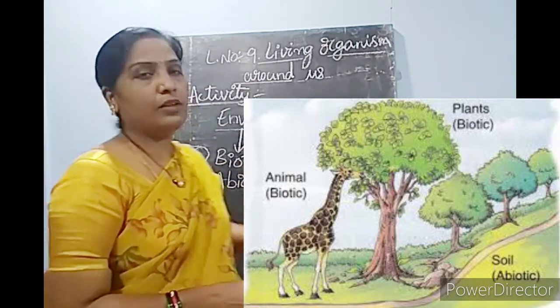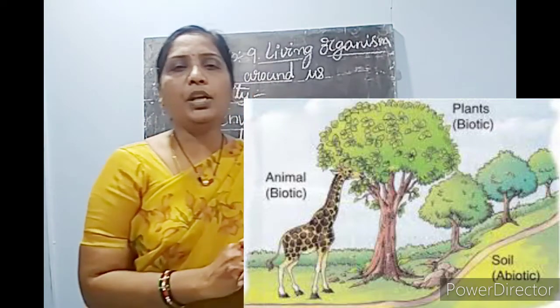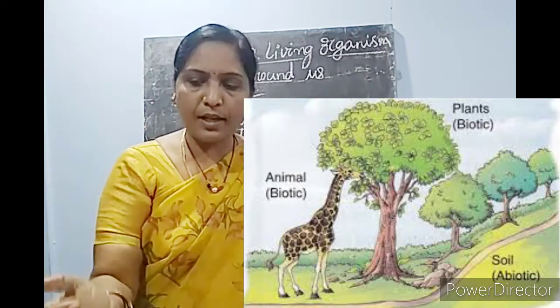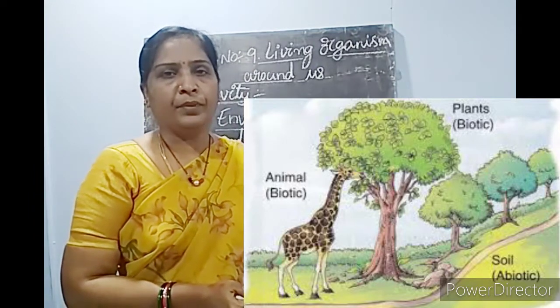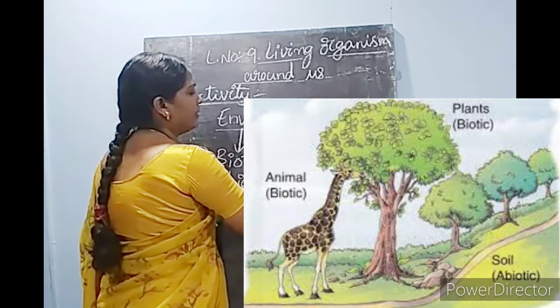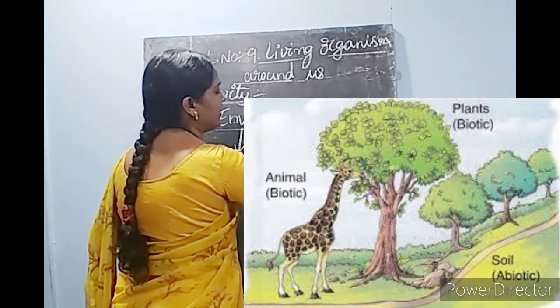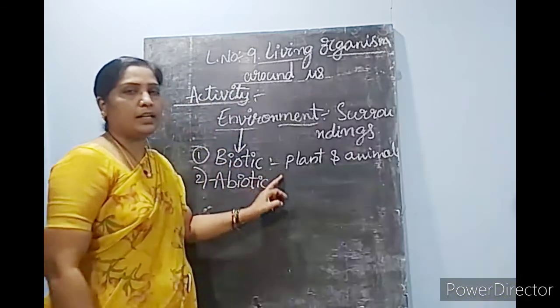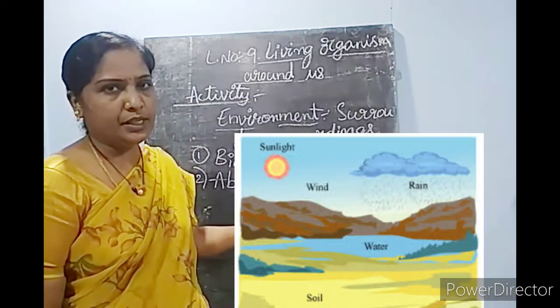Biotic means the living organisms present in those surroundings, like all the plants and animals in a region. They come under the biotic things.